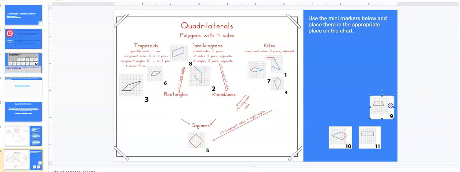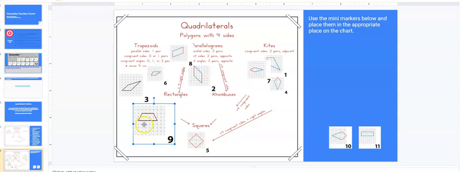All right, number 9. This is the common trapezoid that we see. It's not a parallelogram because these 2 sides are not parallel. These 2 are. So it has one set of parallel sides. It's not a kite because it doesn't have 2 pairs of adjacent congruent sides. But it does have one set of parallel sides like the trapezoid.